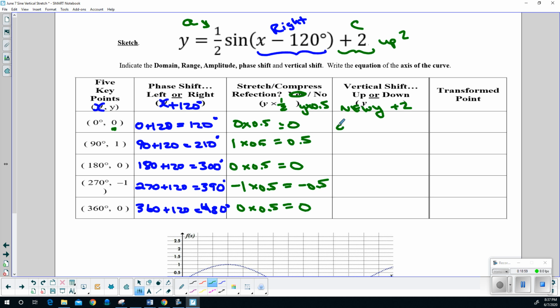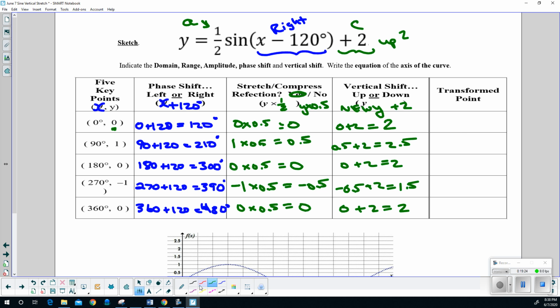So 0 plus 2 gives me, oh my goodness, I can't add. 0 plus 2 is 2. Good job. 0.5 plus 2 gives me 2.5. 0 plus 2 is 2. Negative 0.5 plus 2 gives me 1.5. And last but not least, 0 plus 2 gives me 2.